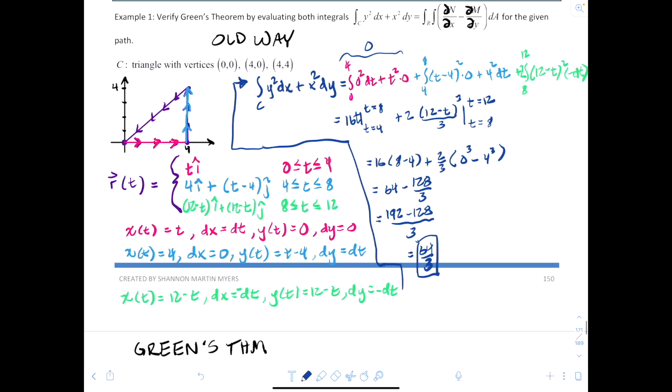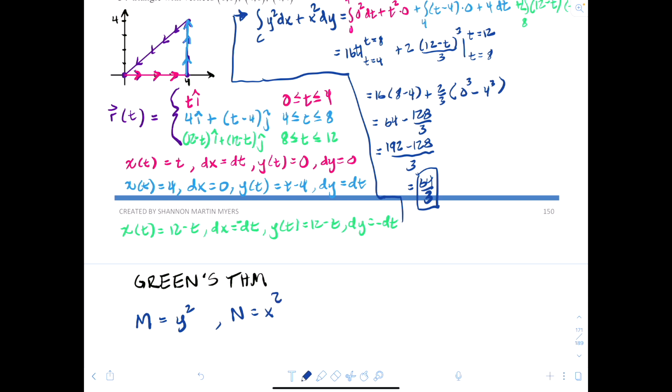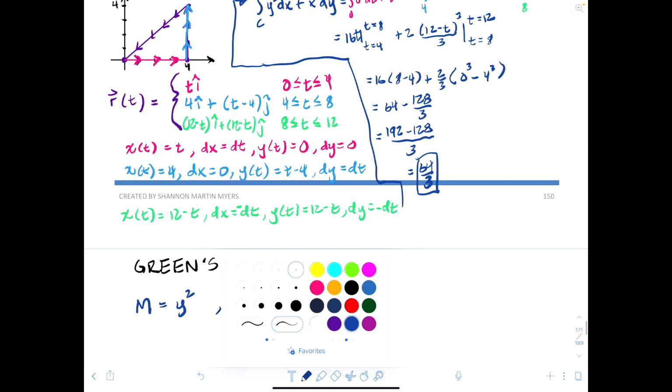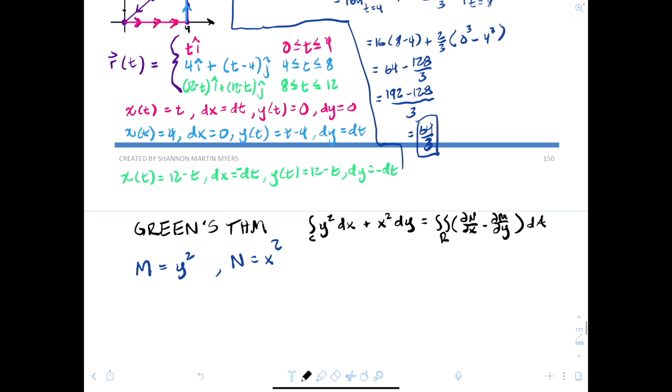Our m is y squared, and our n is x squared. We're working with this deal right here, and we're going to apply Green's theorem. That's going to be the first partial of n with respect to x minus the first partial of m with respect to y, and then our area.